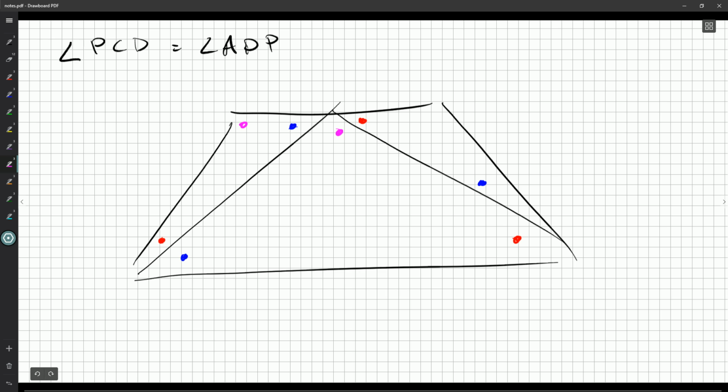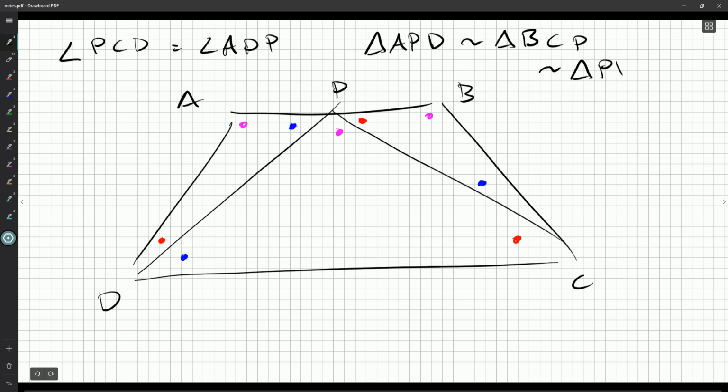You should make a note of that, so we can say triangle APD, the middle one being the blue one, is similar to triangle BPC. Start on the pink one, go to the blue one, end at the red one. And it's also similar to triangle PCD: start at the pink one, go to the blue one, end at the red one. So now I've got three similar triangles, and similar triangles are nice because we can work with their ratios.